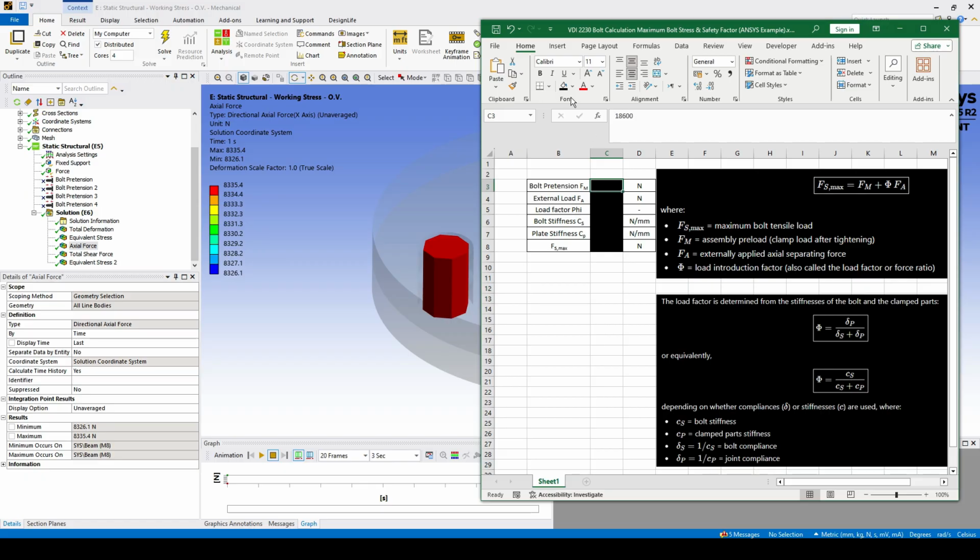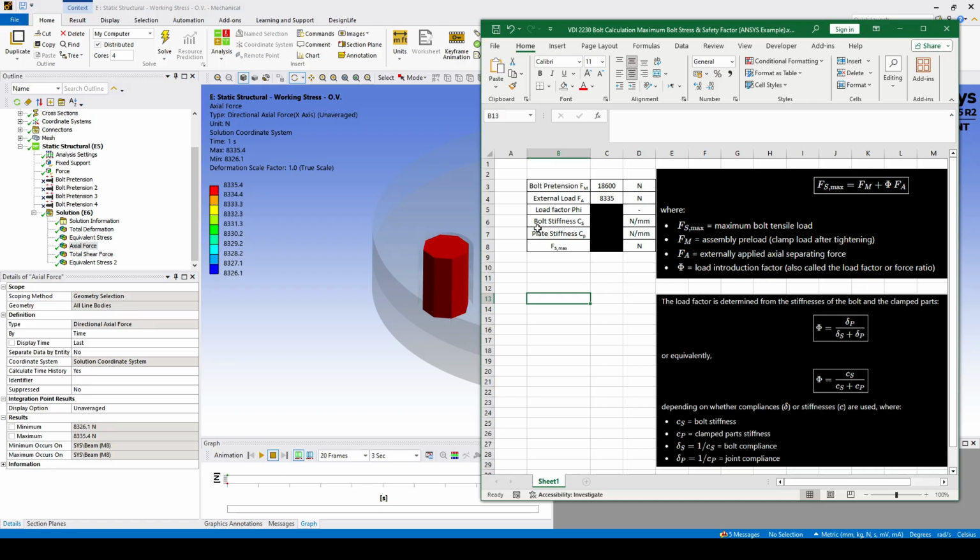The bolt pretension that we used on our model is 18.6 kilonewton or 18,600 newton. The external force or load that we have, the FA from this simulation, is 8,335 newton.